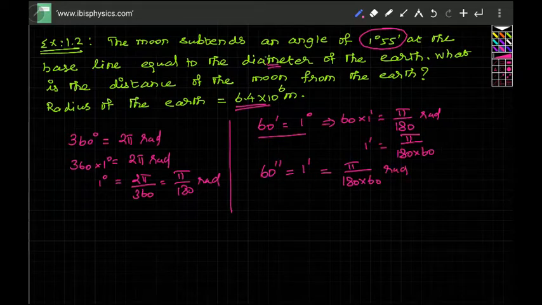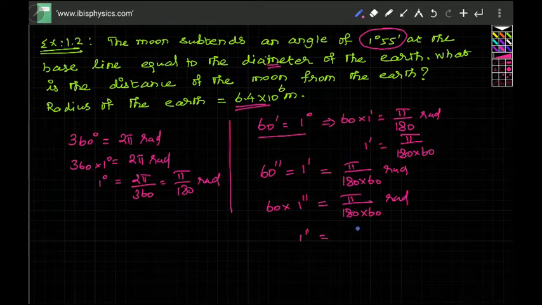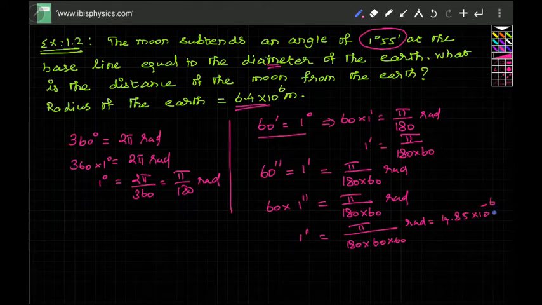Then 60 seconds is 60 times 1 second, and that equals pi by 180 into 60 radians. So 1 second equals pi by 180 into 60 into 60, which is exactly 4.85 into 10 power minus 6 radians.